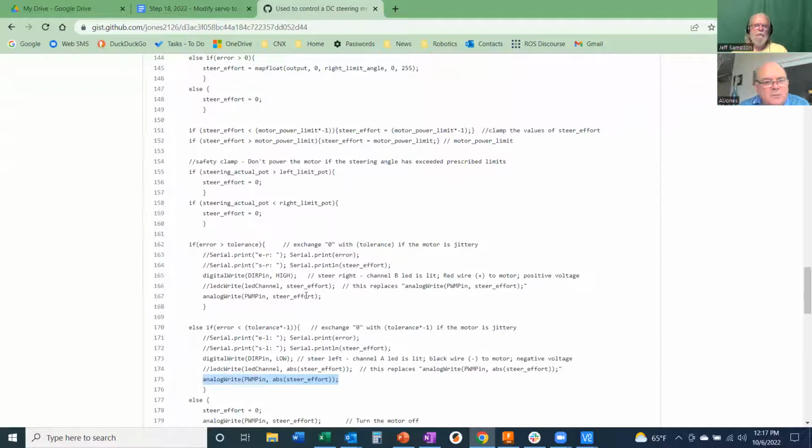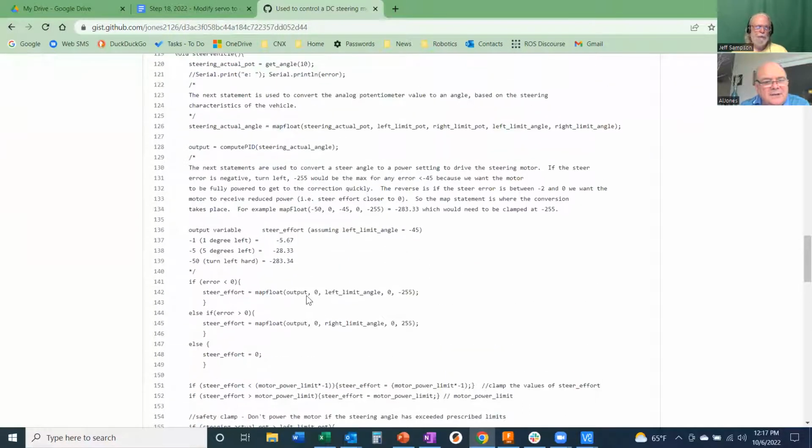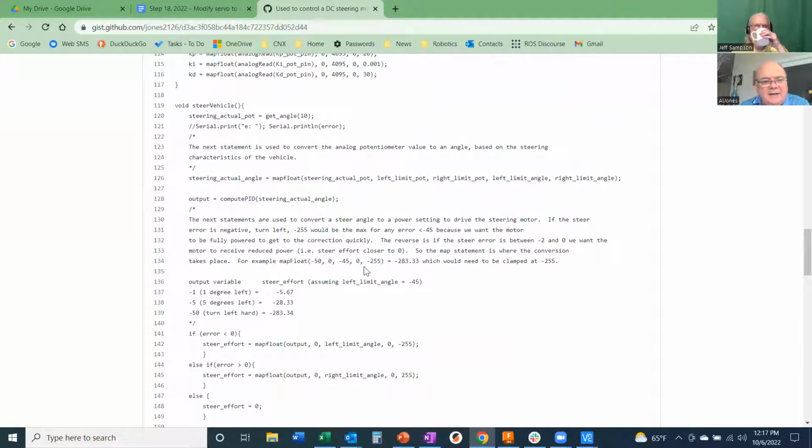And then in the last conversation that we had, my interpretation of your comments was to convert to angle, or start dealing with angle instead of this raw potentiometer setting.